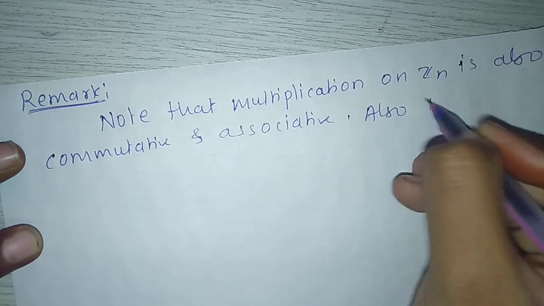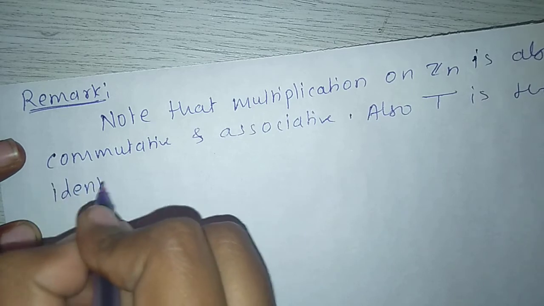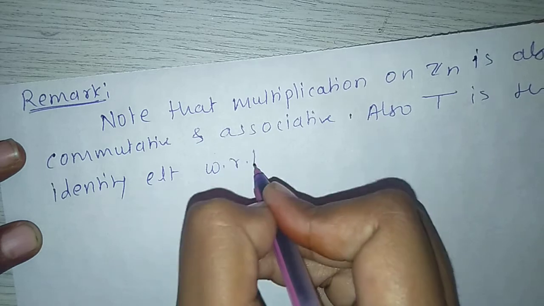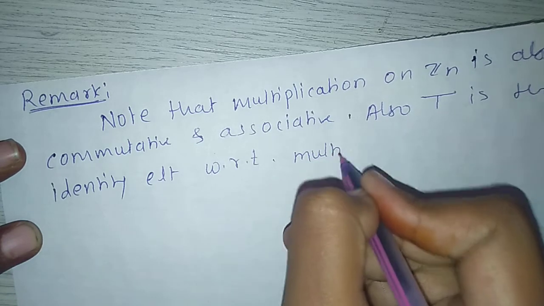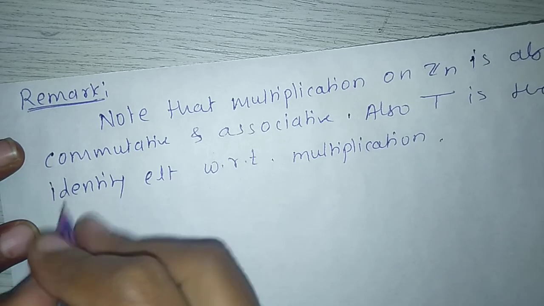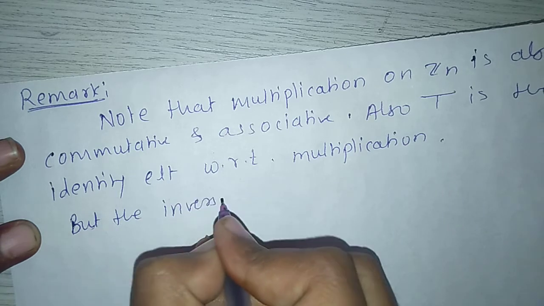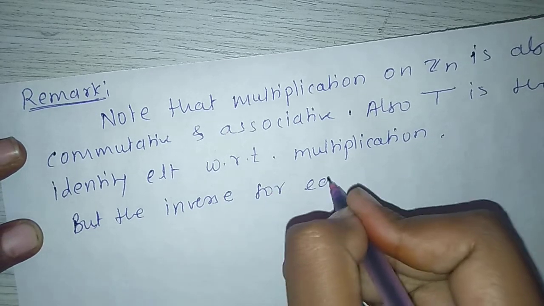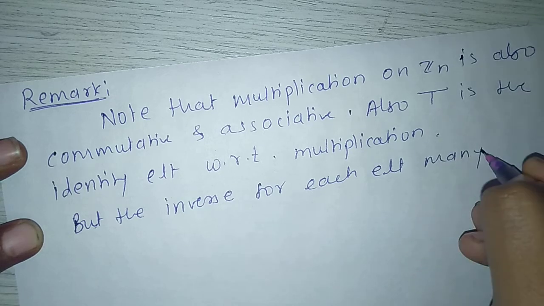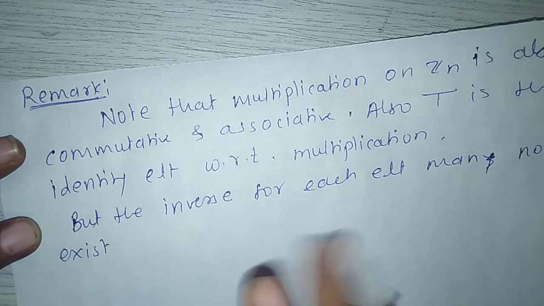Also 1 bar is the identity element with respect to multiplication, but the inverse for each element may not exist.